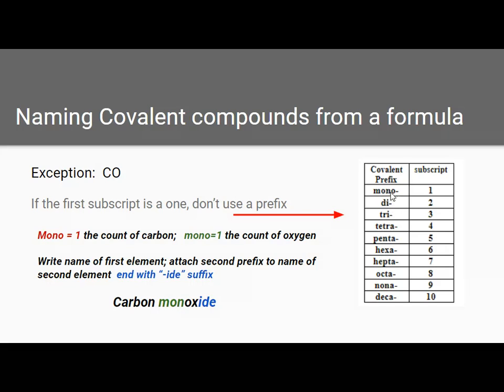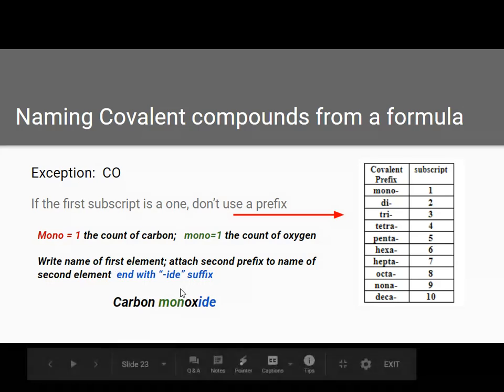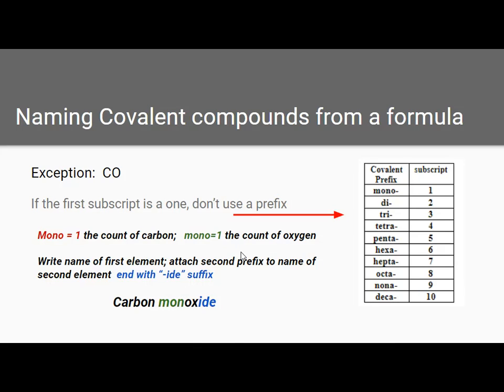The prefix mono is only used on the second element name. So, although technically the subscripts on carbon and oxygen are both 1, and the counts of carbon and oxygen are only 1, we would only use the name carbon for the first element and then attach mono to the name of oxygen and then attach the ide suffix.